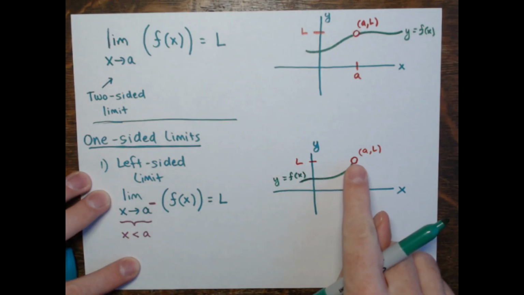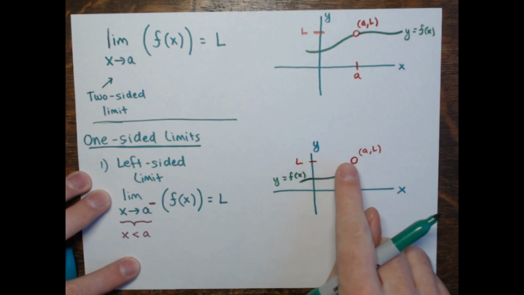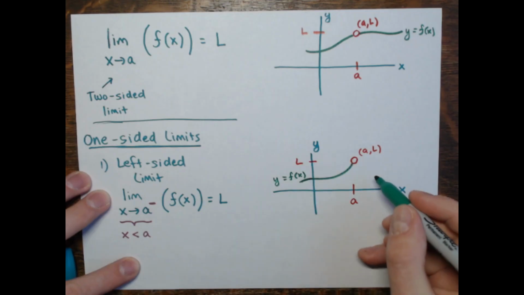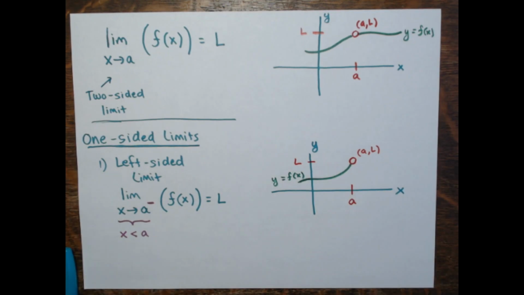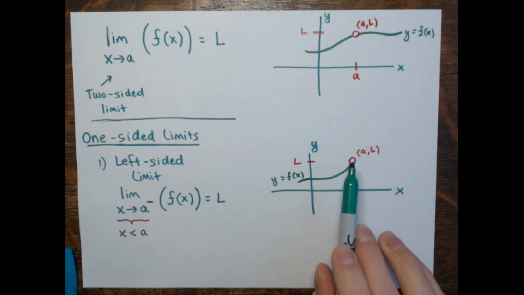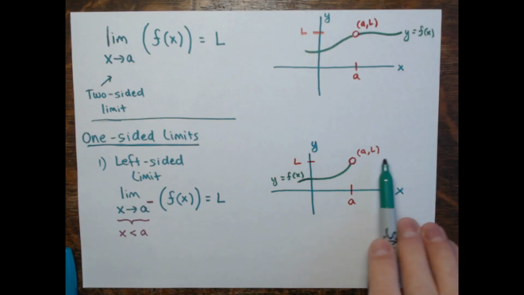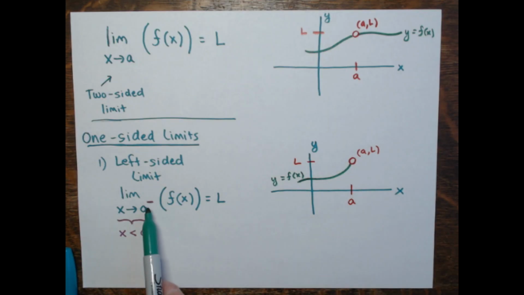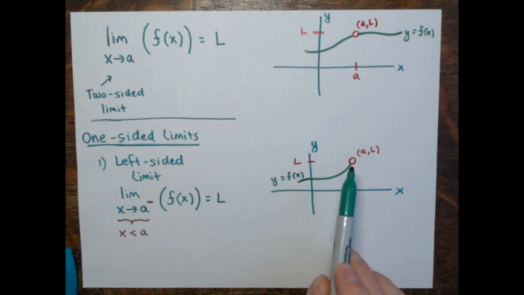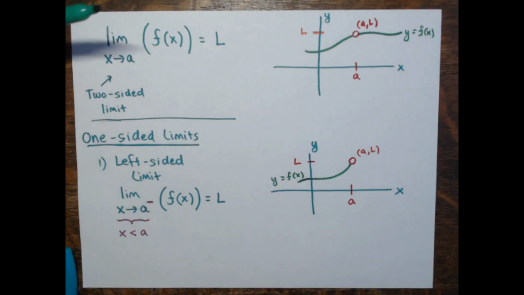On the right side, I don't care. When you see this little minus notation, you don't have to worry about what's happening to the right of a. This is simply asking what happens when x is less than a, approaching a, so to the left of a.